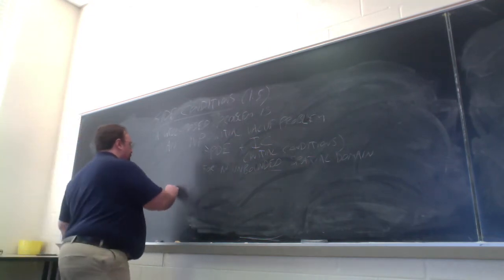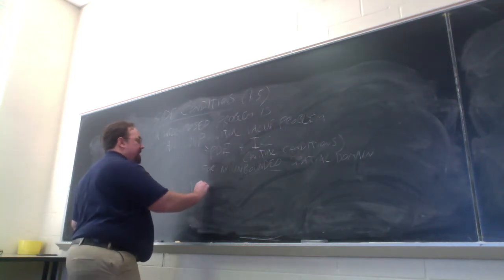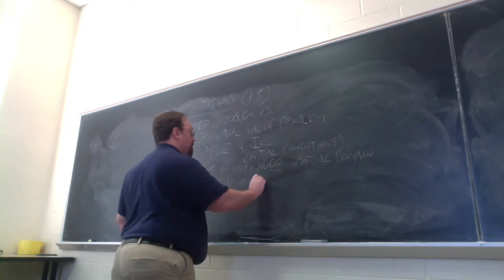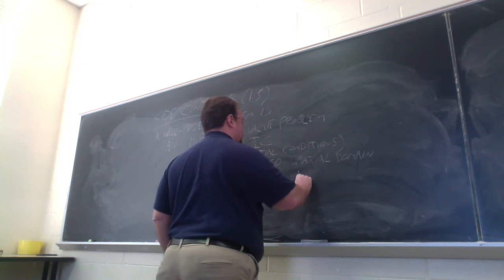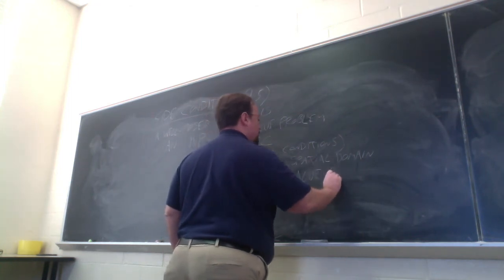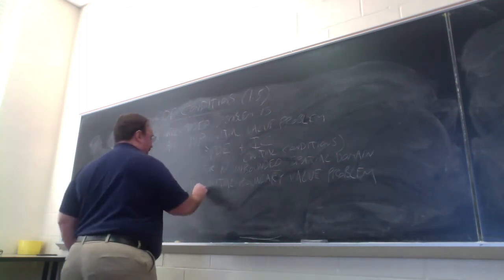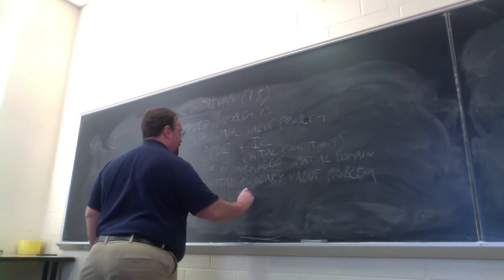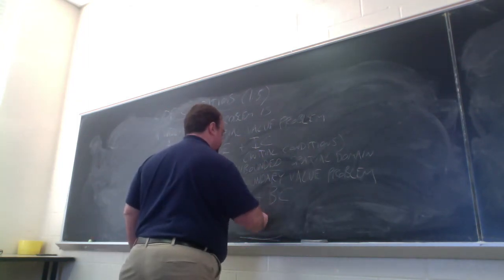Or more generally, most of the time we'll be looking at an IBVP, an initial boundary value problem, where you have some bound on your spatial domain. So an IBVP consists of a PDE plus one or more initial conditions plus one or more boundary conditions.